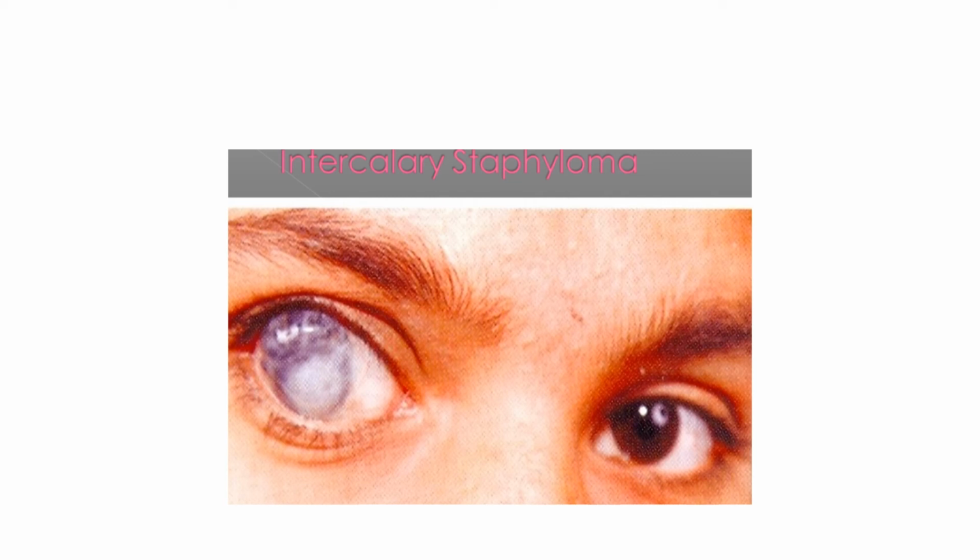So this patient would have had either a corneal ulcer which perforated, or a traumatic through and through injury, followed by healing with scar formation. So scar tissue is always weak tissue. So this scar tissue has bulged out, lined by the root of the iris or the uveal tissue. Such an ectatic swelling is called intercalary staphyloma.